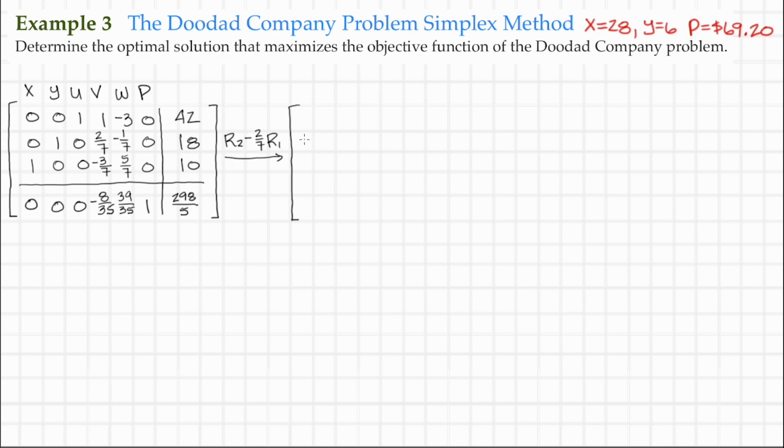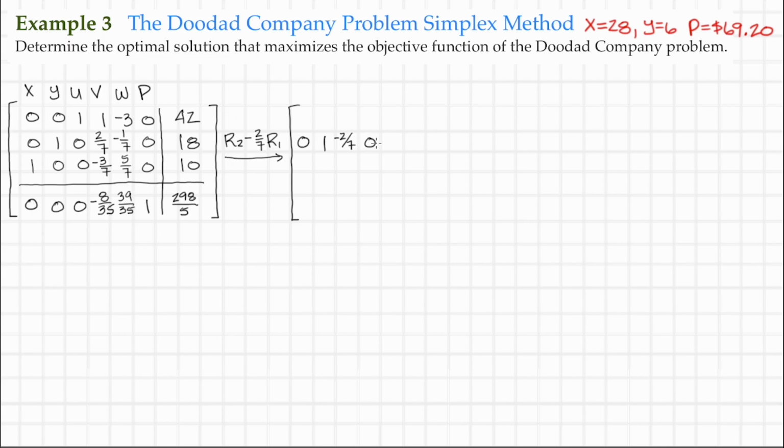So our first entry here is 0. 0, that's 0, so we end up with 1. 1 times 2/7 is 2/7. 0 minus 2/7, that's going to be negative 2/7. 1 times 2/7 is 2/7. 2/7 minus 2/7 is 0.